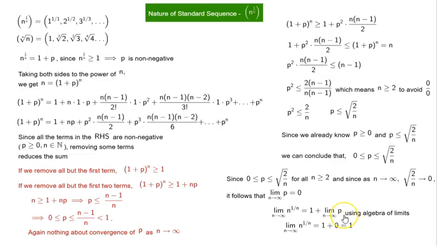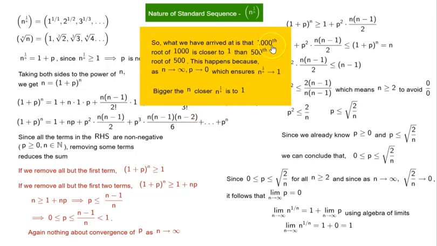So what does this tell us? It tells us that the 1000th root of 1000 is closer to 1 than 500th root of 500. This happens because as n goes to infinity, p goes to 0, which ensures n to the power of 1 by n goes to 1.